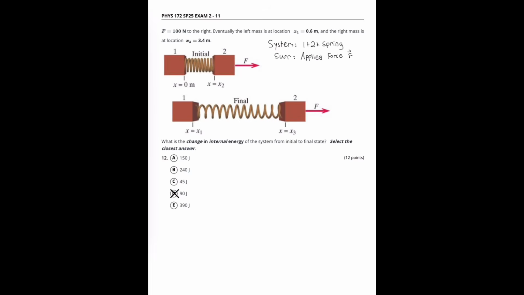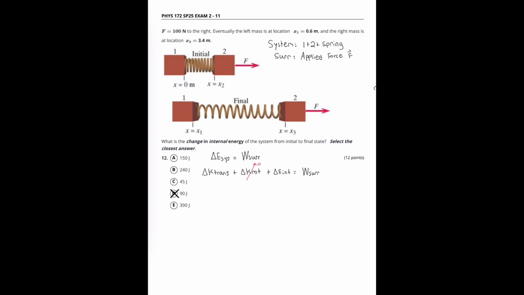So from this and the energy principle, we can say the change of energy in the system is equal to the work done by the surroundings. So we have translational kinetic energy plus rotational, and in this case we don't have it, so that'll cancel to be 0, plus the change in internal energy is equal to our work done by our applied force.